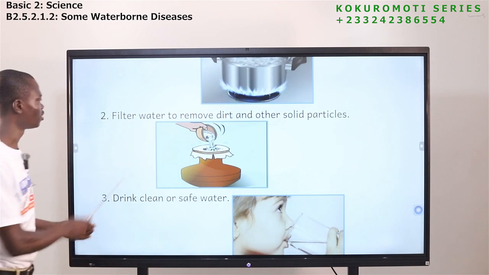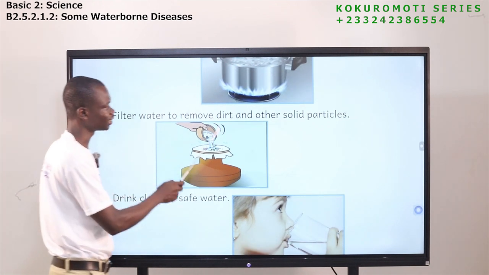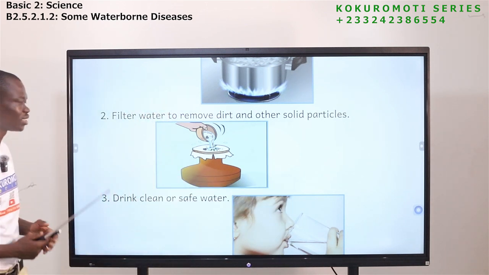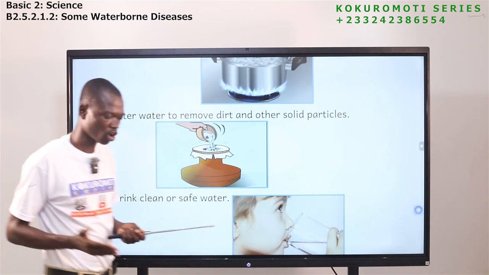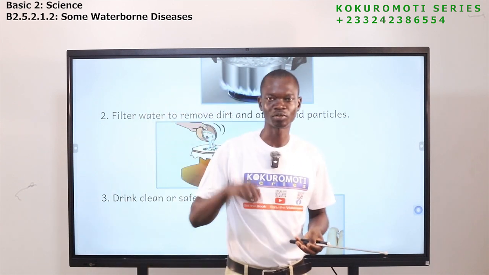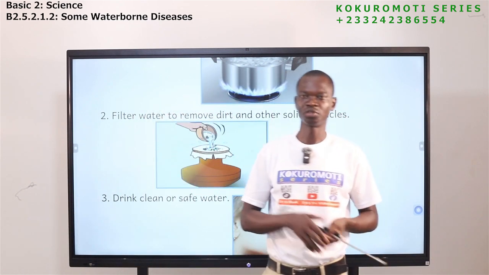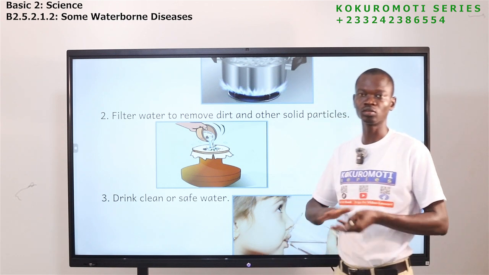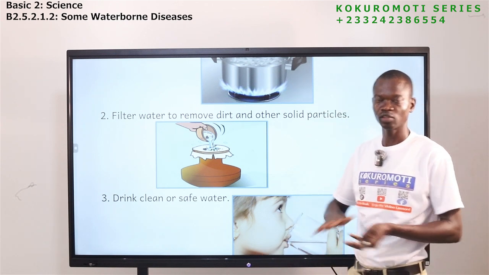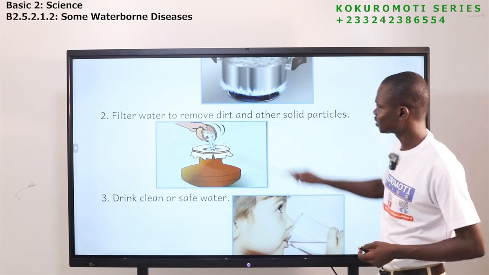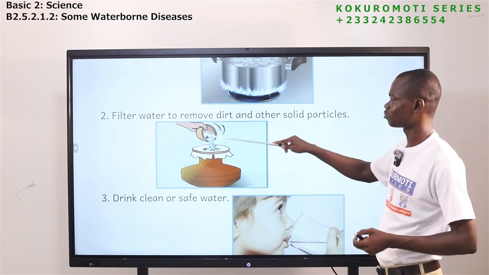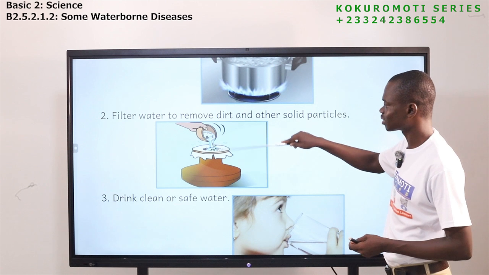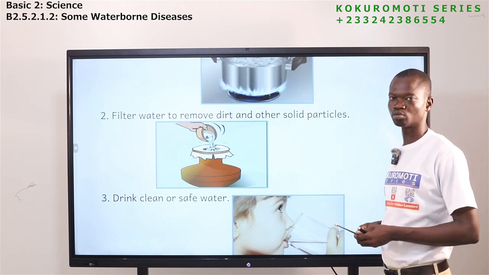The next one is to filter water to remove dirt and other solid particles. So to filter water means to remove or get solid particles in the water out. We do that by using filter paper or clean cloth. Clean cloth. So if you look, this is the water. You see the water contains some solid particles, but the cloth is preventing the solid particles from passing through.